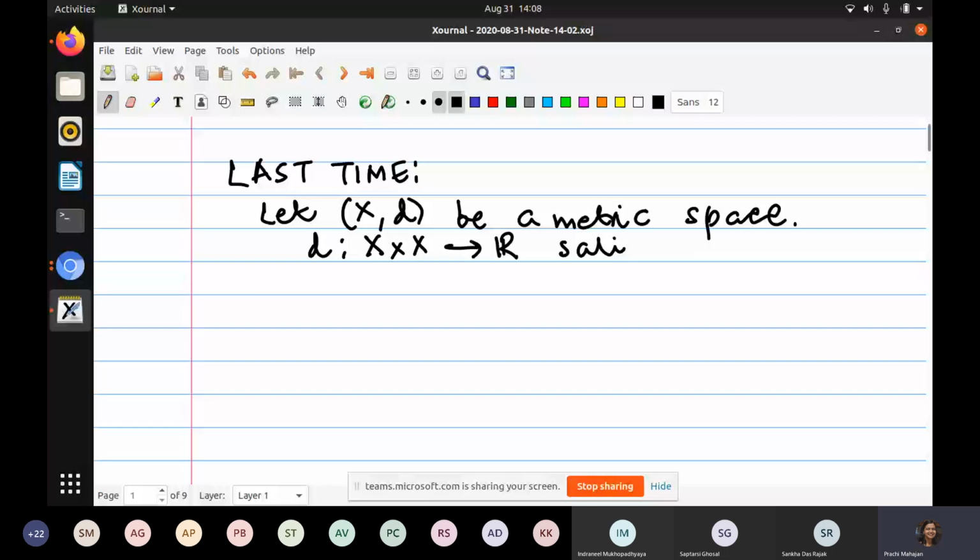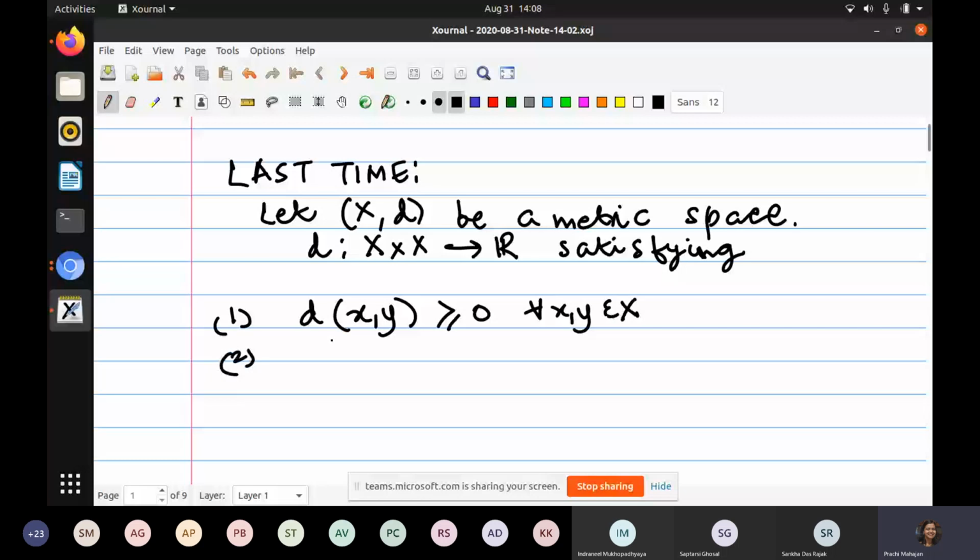One, for all x and y in the set X, D is always nonnegative. Two, the distance between two elements is 0 if and only if x equals y.